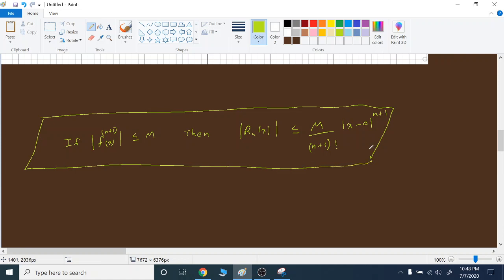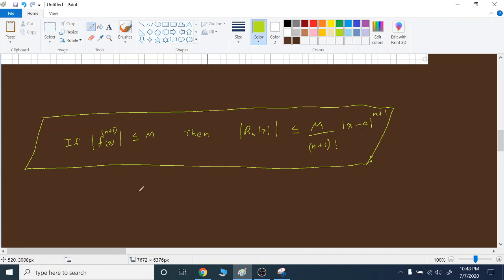Now, initially we introduced this result to prove the existence of the Taylor polynomial. If you don't remember, please go back and check those videos related to the introduction of this result.